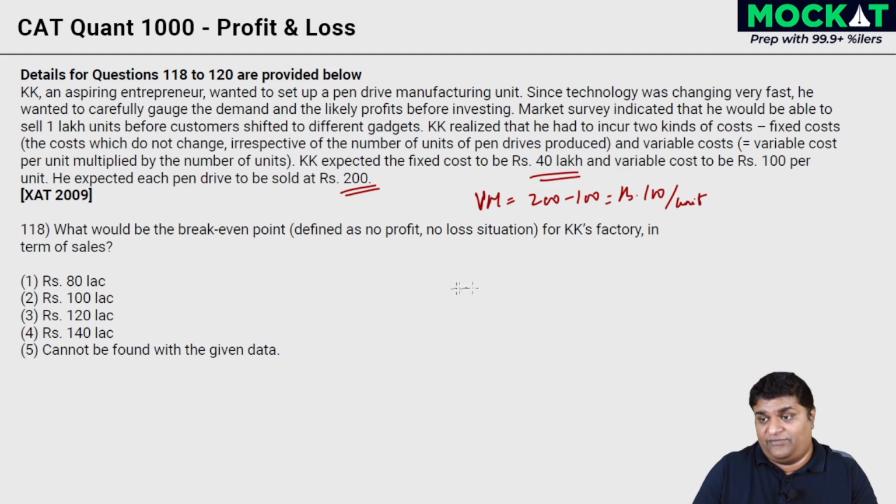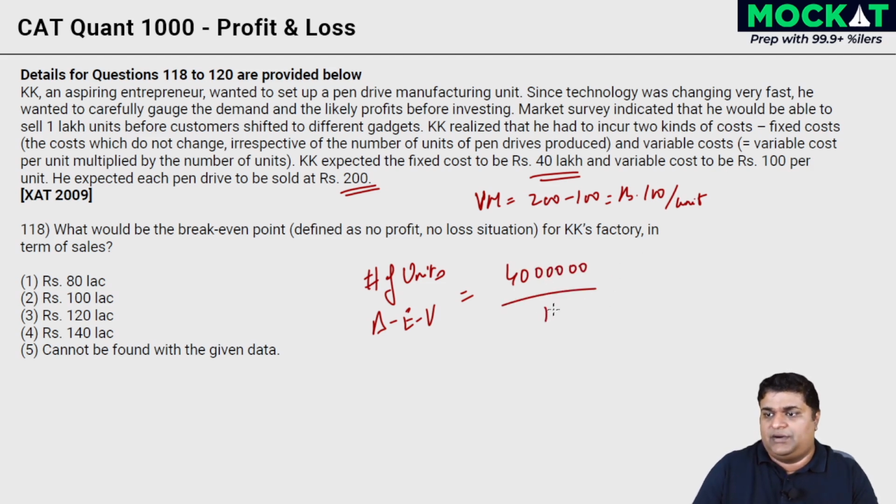I need to now cover 40 lakhs, which gives the break-even volume. 100 per unit has to be used to cover 40 lakhs. 2 zeros get rid of, and that comes to 40,000 units over here.